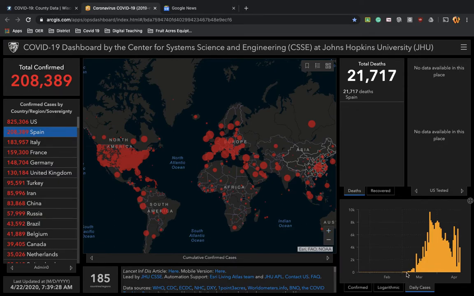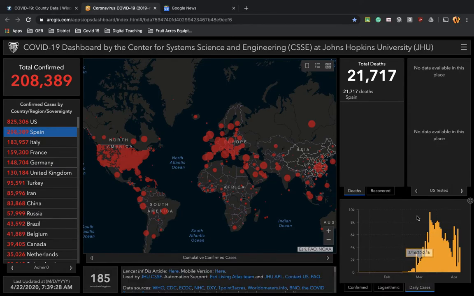Their cases started to rise in late February, early March. And it looks to me like this is the biggest one. I'm going to hover over that. On March 25th, they added 9.6 thousand new cases.